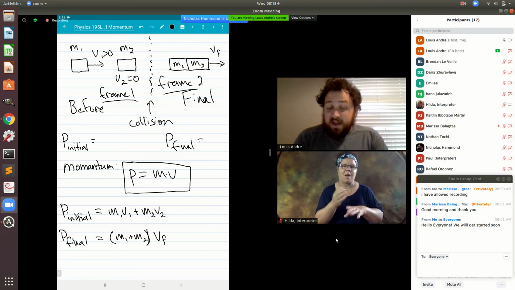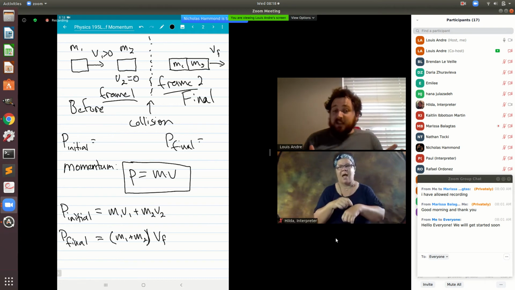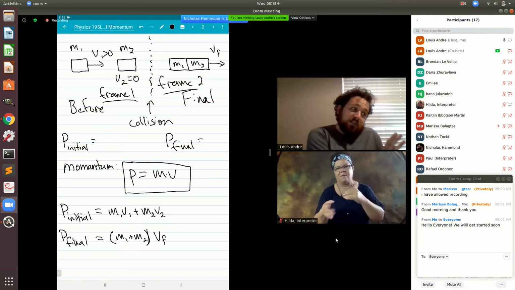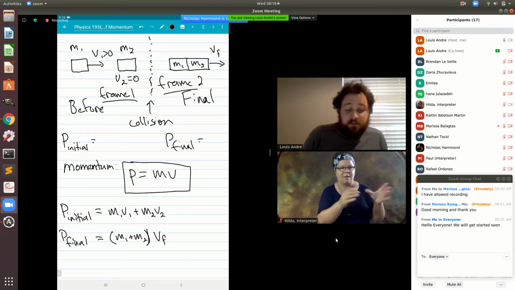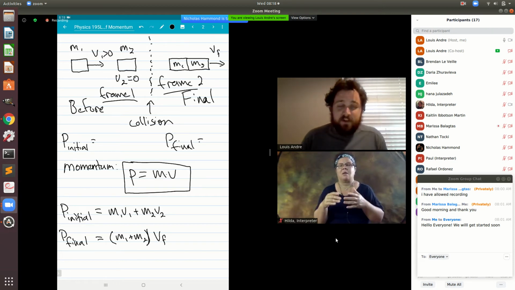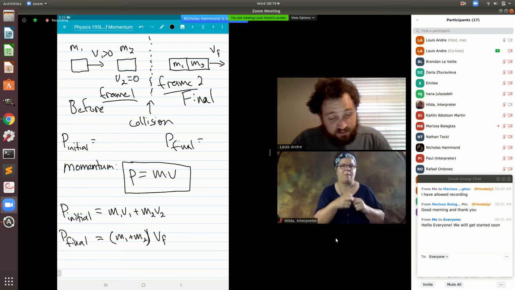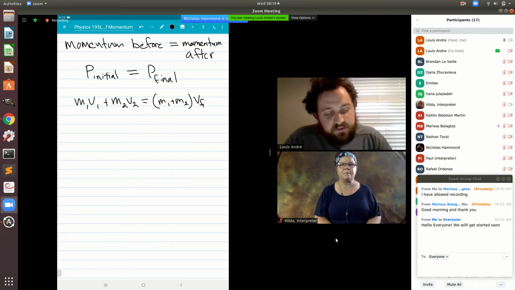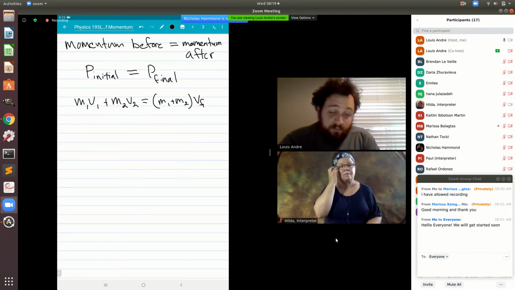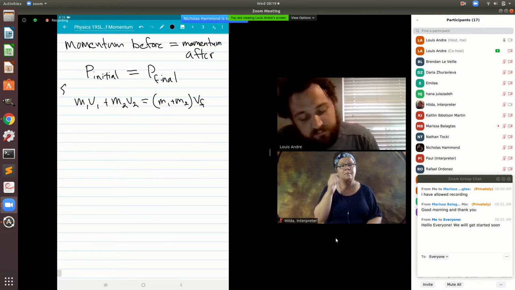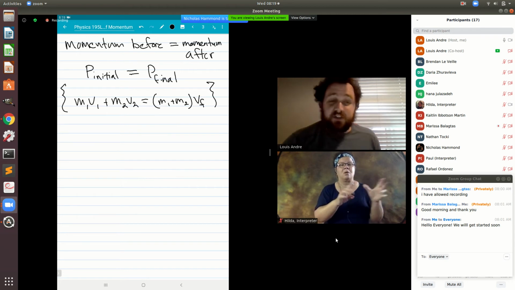What you do is add up all the momenta you have in the first frame and all the momenta in the second frame, get an expression for your total momentum in the initial and final frames, and then set them equal. And that's always the case. You'd set your initial total momentum equal to your final total momentum, and you have this expression here, and then you can solve for whatever you're looking for.